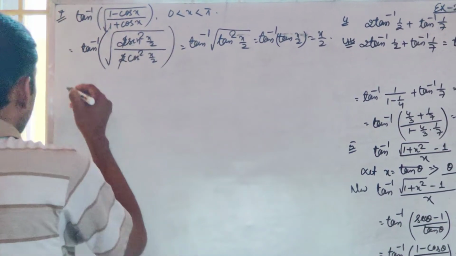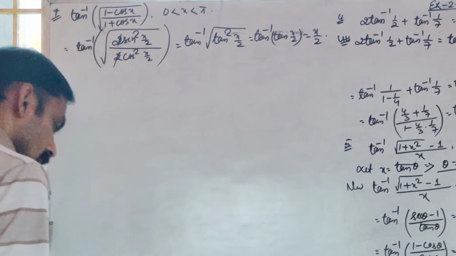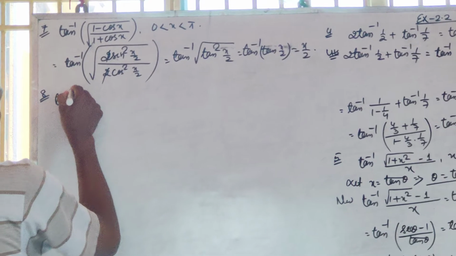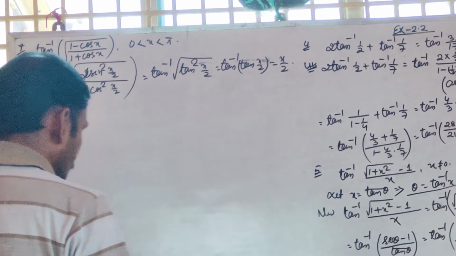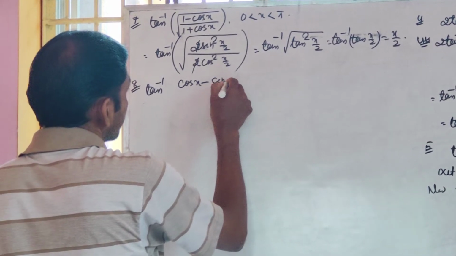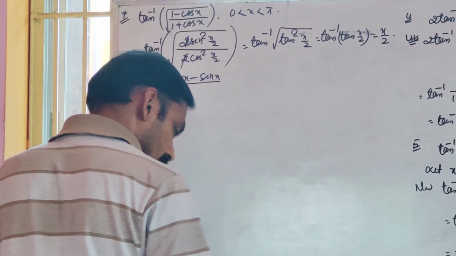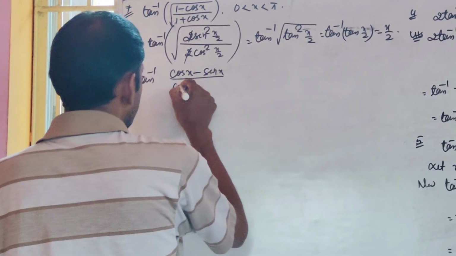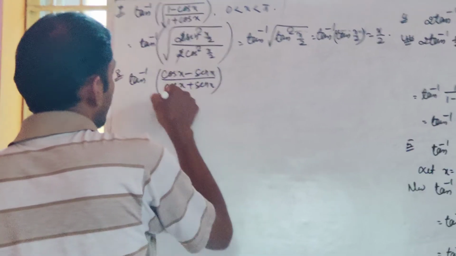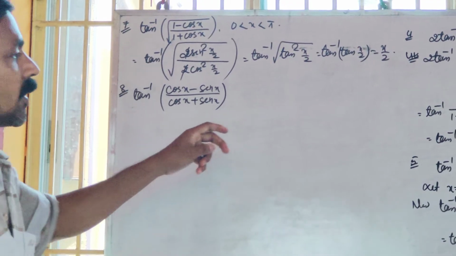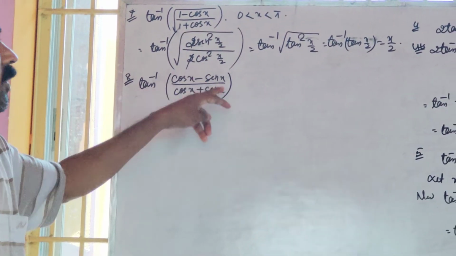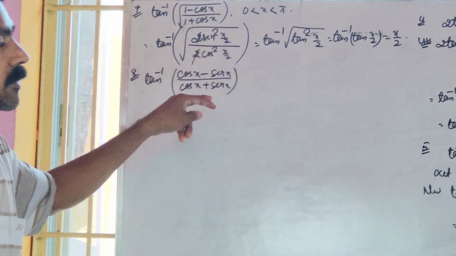Then question number 8. It is tan inverse of cos x minus sin x, whole divided by cos x plus sin x. So like the previous one, here in tan inverse we have to convert this value into tan.